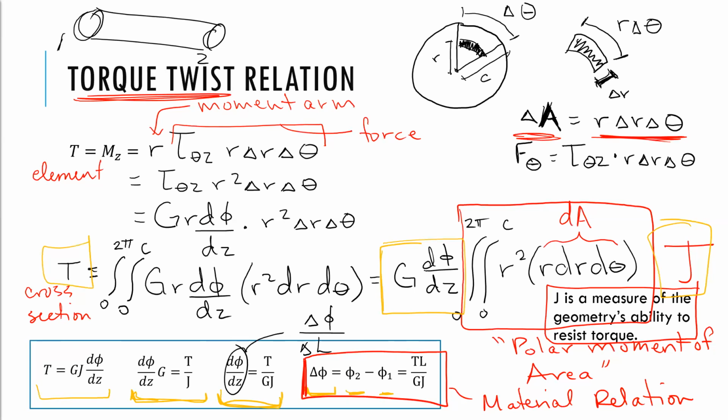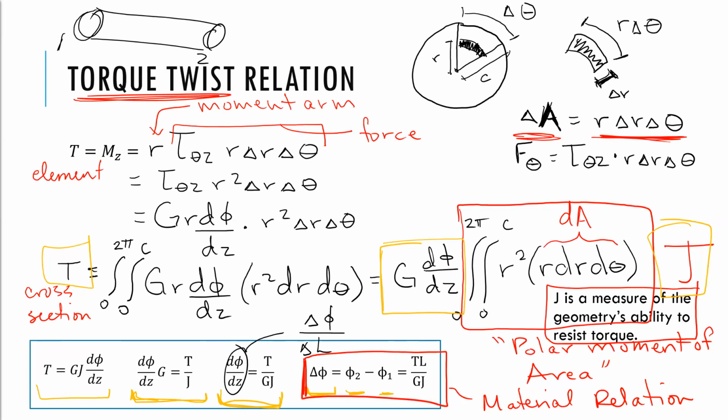The other two are going to be equilibrium, which now instead of being the sum of the forces will be the sum of your moments equaling 0. So the sum of the moments about the z-axis will have to equal 0. The second thing will be compatibility, but compatibility is going to be expressed in terms of angles once again.